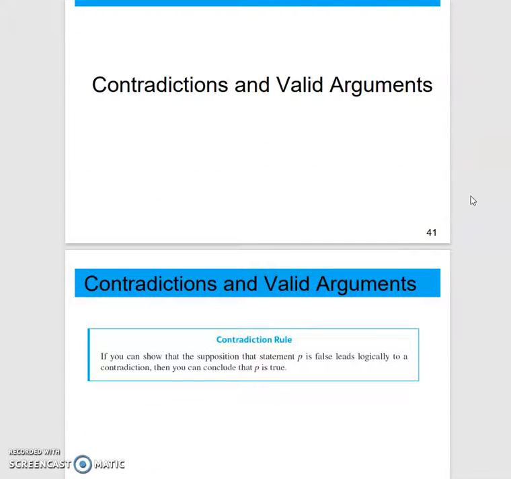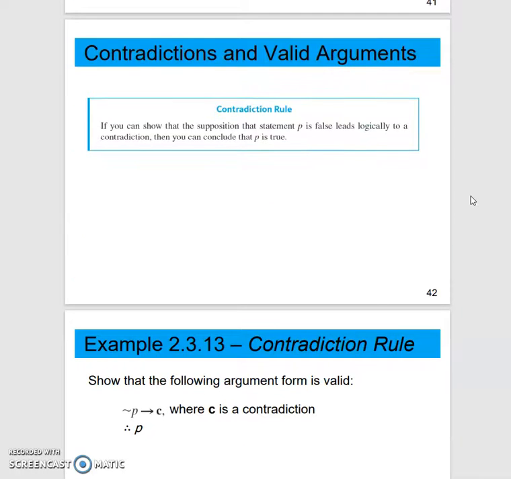All right, let's also look at some contradictions and valid arguments. So, if we can show that this statement P leads logically to a contradiction, we can then conclude that P is true. So basically what we're trying to do is we take the opposite of P. We take not P, and we follow things, and we hope to get a contradiction.